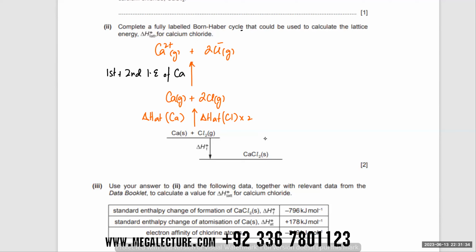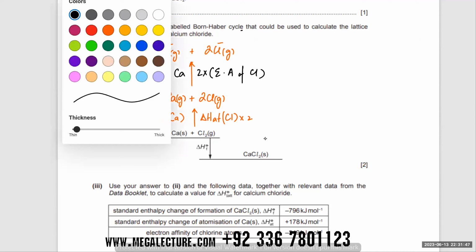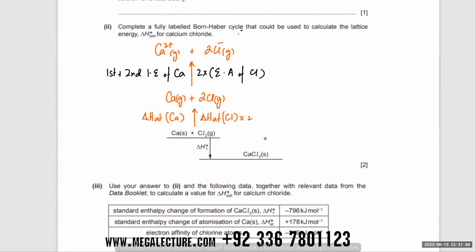And for Cl, it's the electron affinity of Cl, times 2. And once I've got gaseous ions, I just need to make a lattice. So that's my lattice energy. Is this clear? Yep.